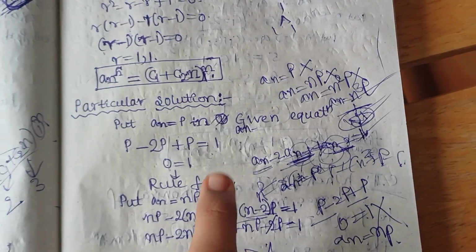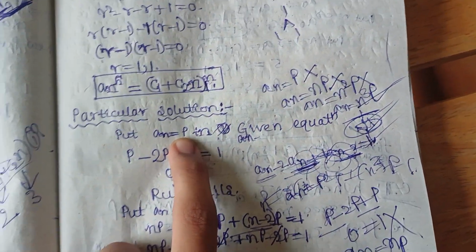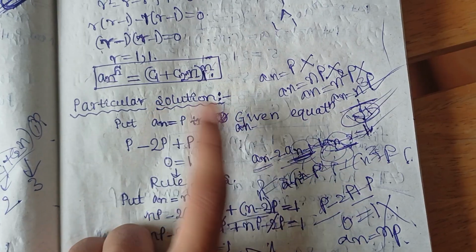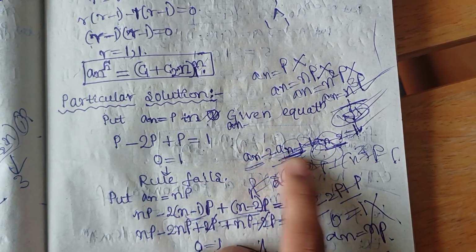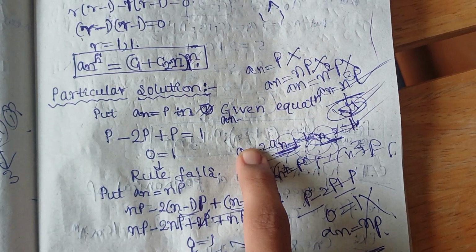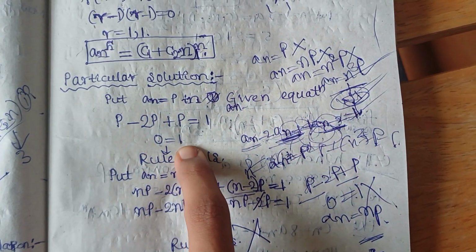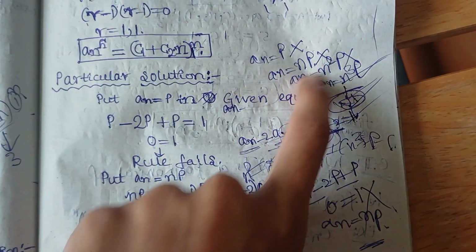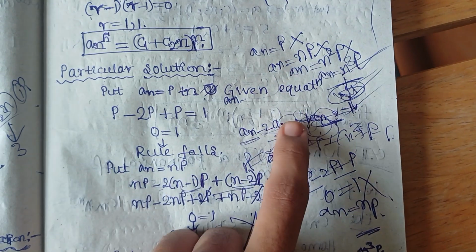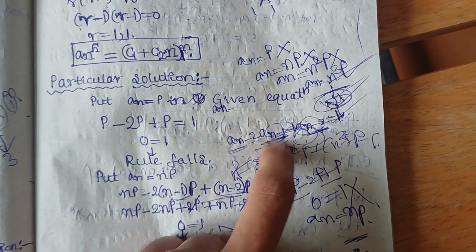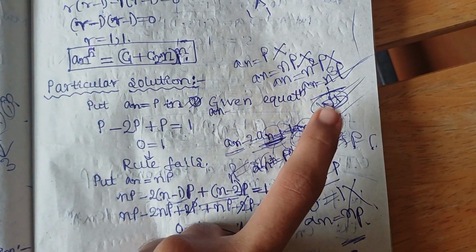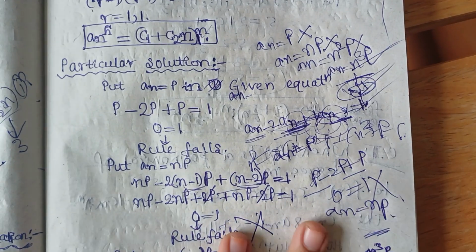First, as we are taking an is equal to p, just place that constant p in terms of this equation, that is p minus 2p plus p. You will get 0 equal to 1, and then you are taking an equal to np. Since n is also involved, wherever you have n minus 1, you have to place n minus 1, and wherever you have n minus 2, you have to use that n minus 2 also.